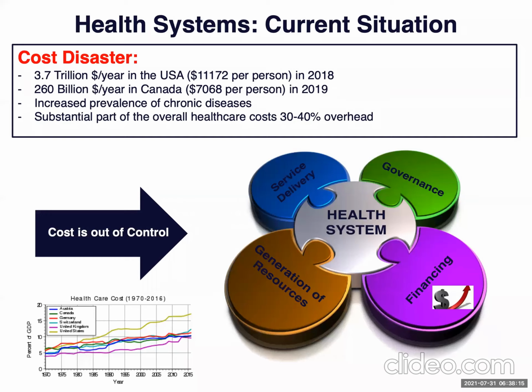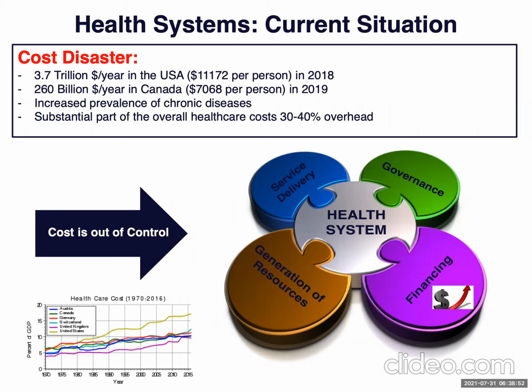increasing. So for example, for the US, we have something like $3.7 trillion per year spent, with an average of $11,172 per person. That is in 2018. And these numbers have increased, and now I think we are around $4 trillion in the US. In 2019, there was $260 billion per year spent in Canada for healthcare, with an average of $7,668 per person.